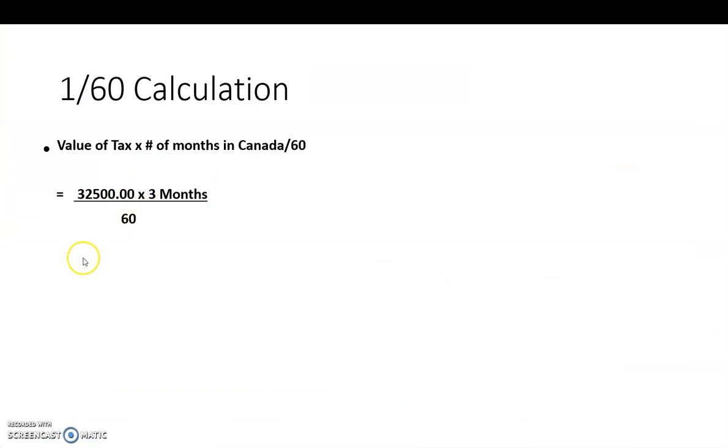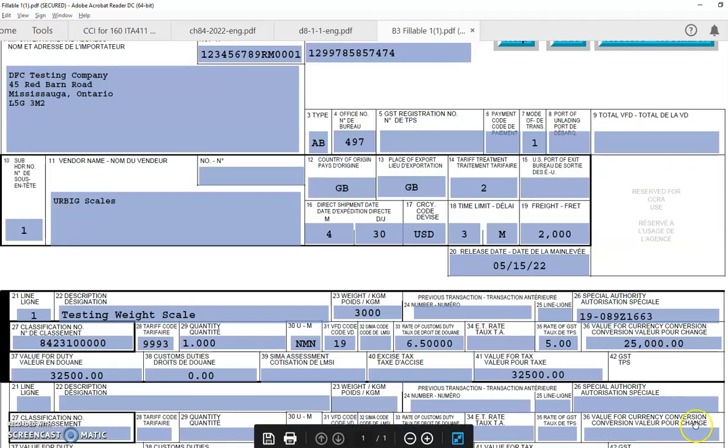Divided by 60. And that equals 97,500 divided by 60, which is $1,625. We then have to figure out how much GST. The GST is this $1,625 times 5% equals $81.25. So that is the amount. Sorry, in the wrong box. $81.25 is the duty.